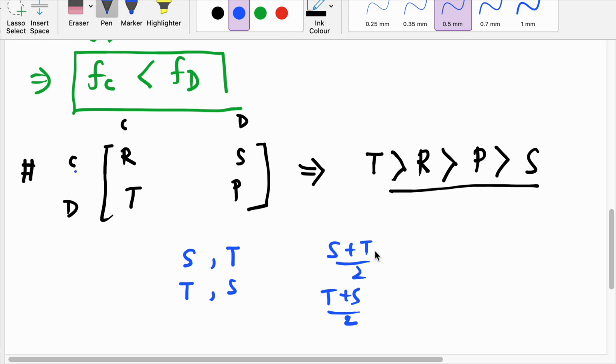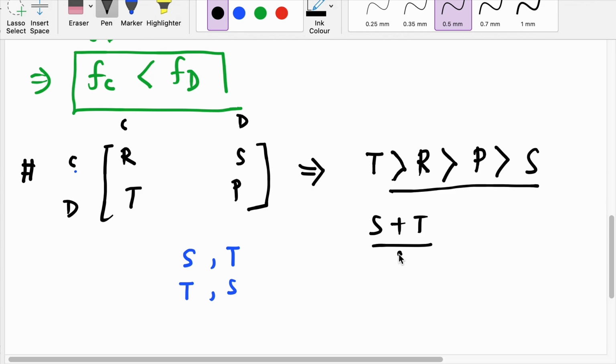That's why (S plus T) by 2 should be less than R. So if these two conditions hold for the payoff matrix, we will call this a prisoner dilemma.